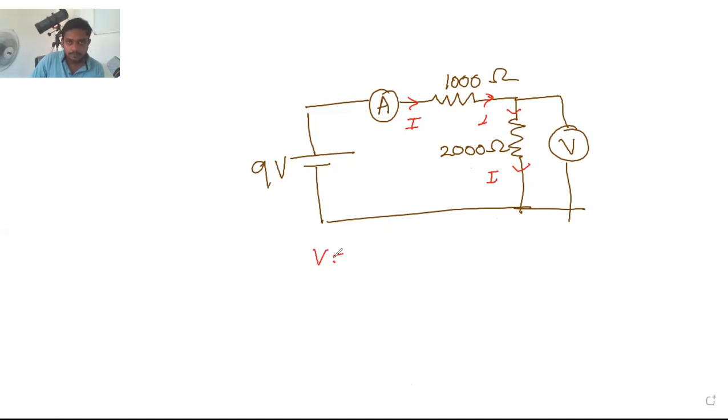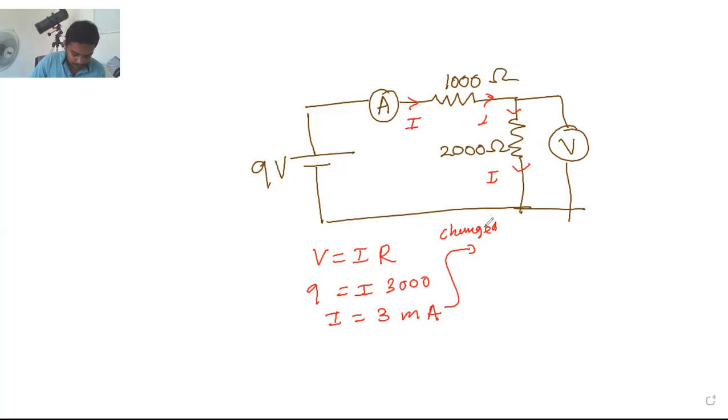So V equals IR. After removing this, V is 9, and the resistance is 1000 plus 2000, which is 3000, so I we are getting 3 milliamperes. Okay, so it changes by 1.5 milliamperes. Half of the value has changed. Okay.